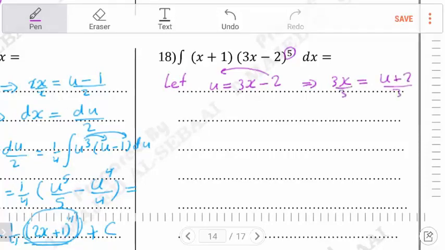So this is x if you want to substitute x. Okay? du over dx equals 3. Make dx the subject. dx equals du over 3.